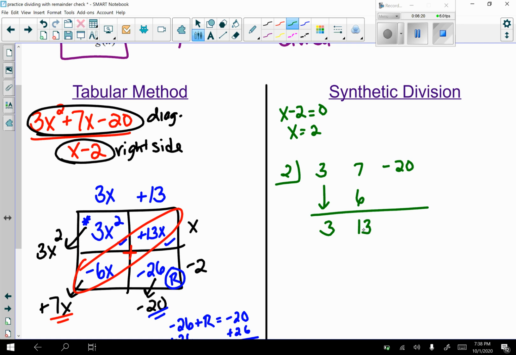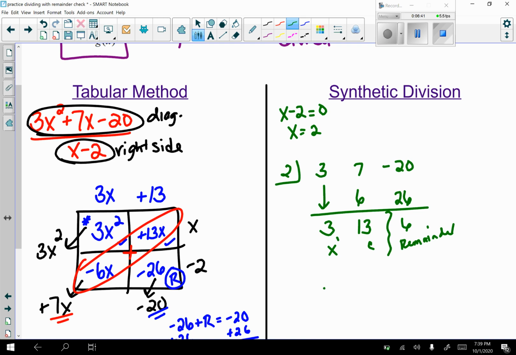Then we multiply. 13 times 2 is 26. Then we add straight down. Negative 20 plus 26 is 6. Remember that this piece is my remainder. Then it goes constant, x to the first, and so on.